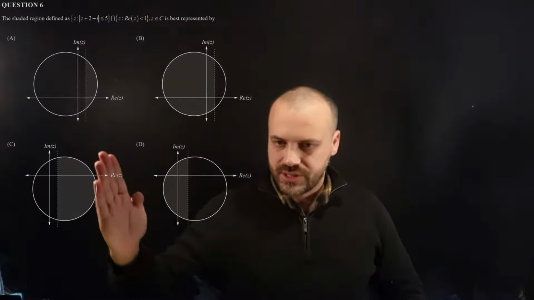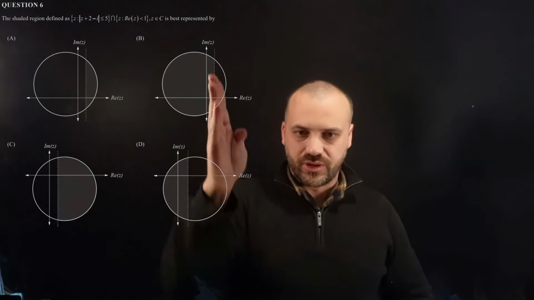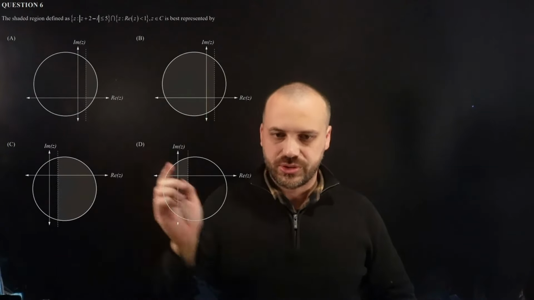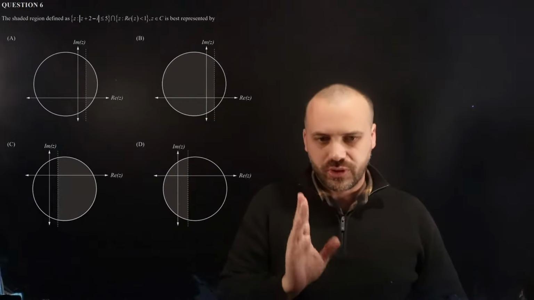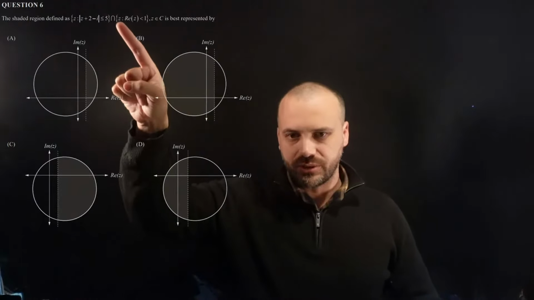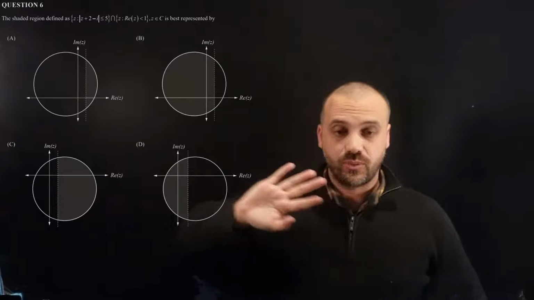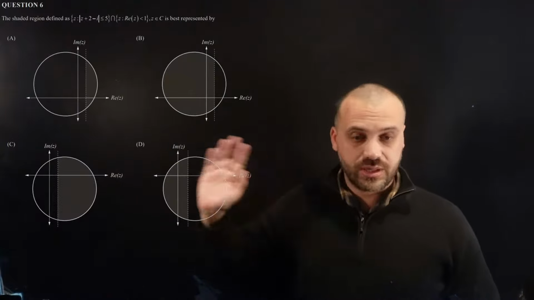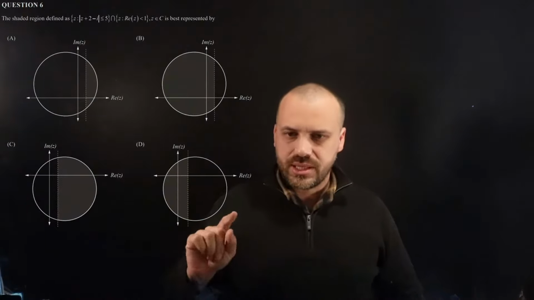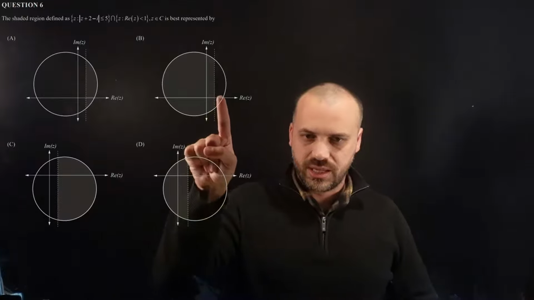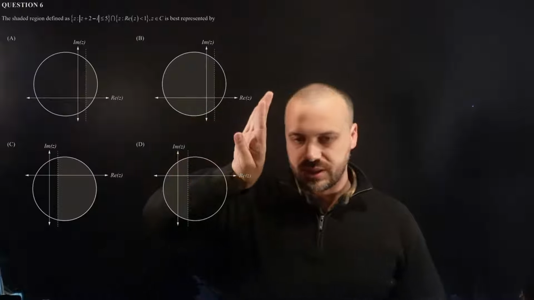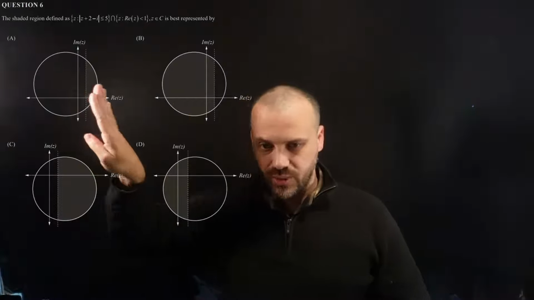Okay, so see these dotted lines in all of our diagrams? That's supposed to be the number 1 there, right? And so we want all of the complex numbers where the real component is less than 1. So 0, -1, -2, -3. So that means that my options are either this one, because you can see here's 1, and the shaded region is all less than 1.